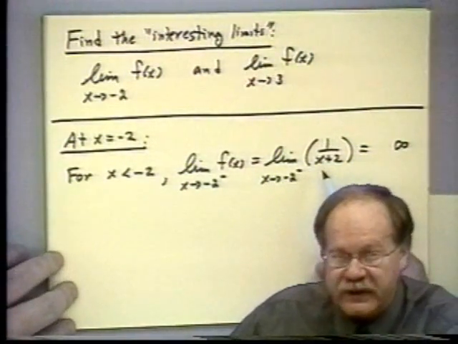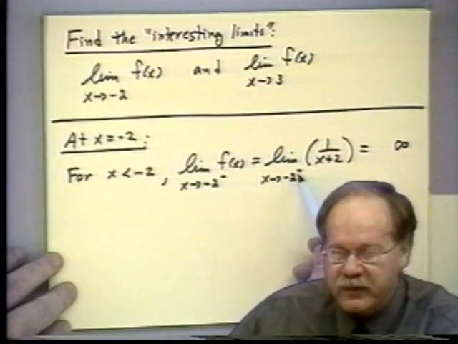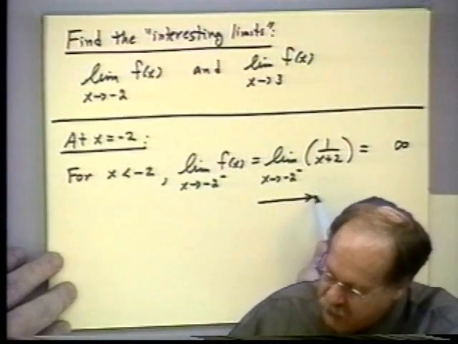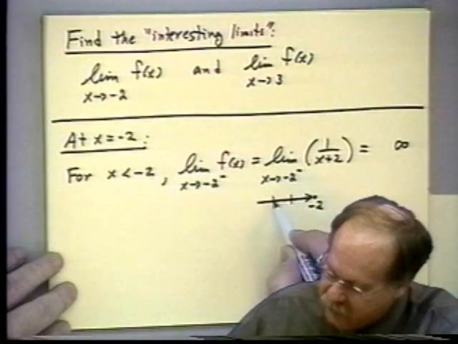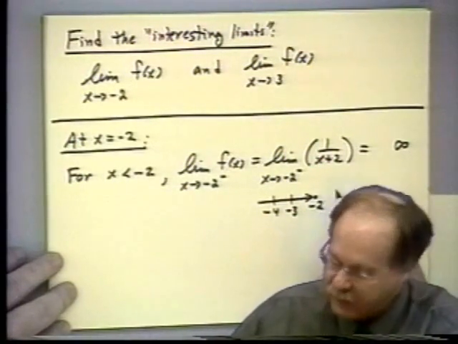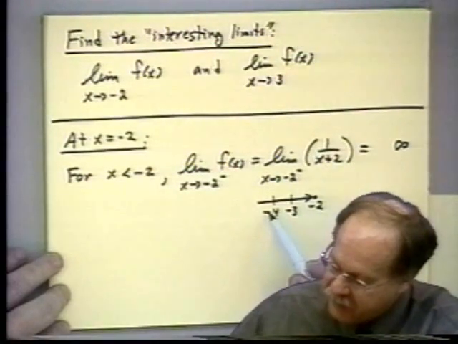Let's see if we can determine the sign. Well, if we're approaching minus 2 from below, we might draw ourselves a little picture here. We're approaching minus 2 here, passing through minus 4, minus 3, all the way down to minus 2. Well, that means these numbers here are bigger, although they have negatives in front of them.